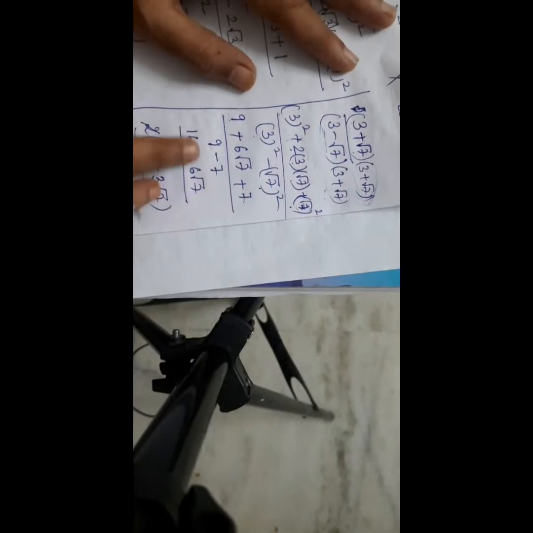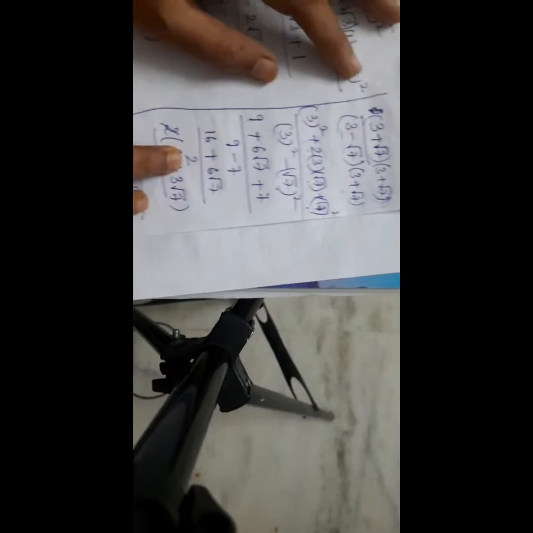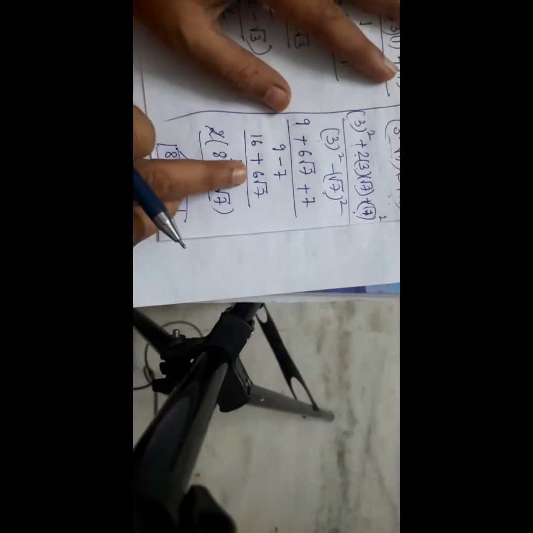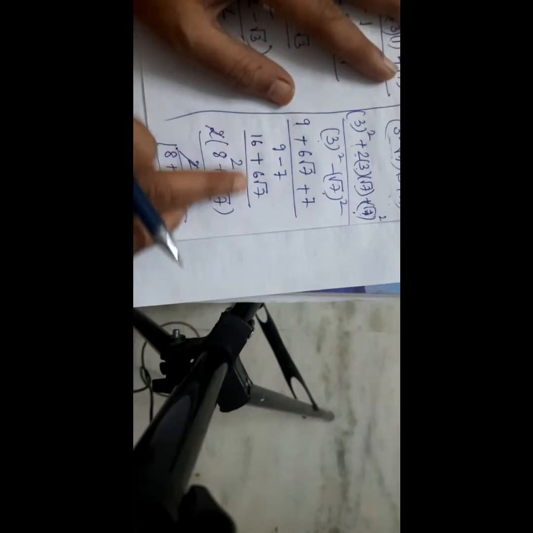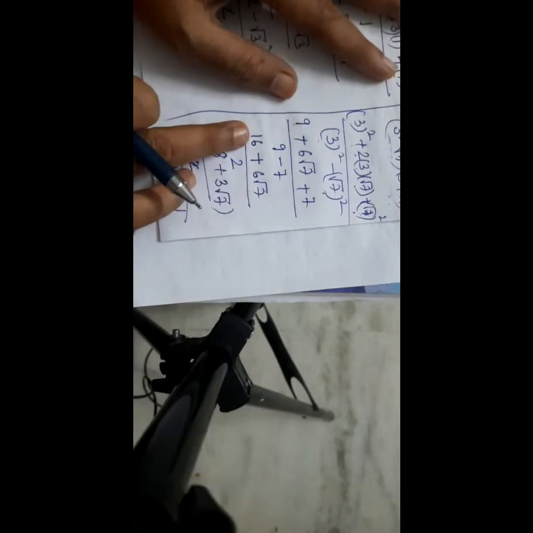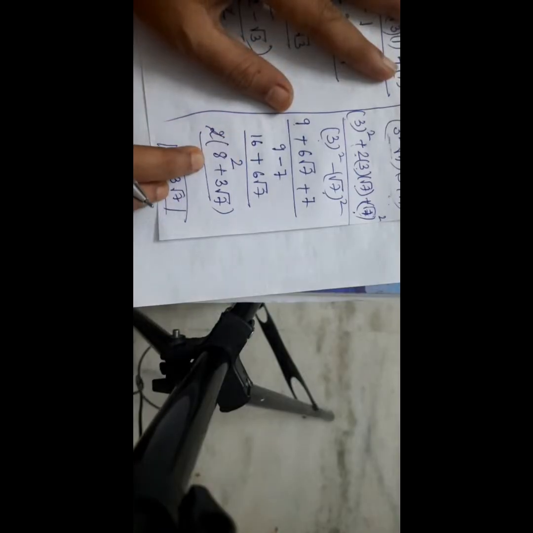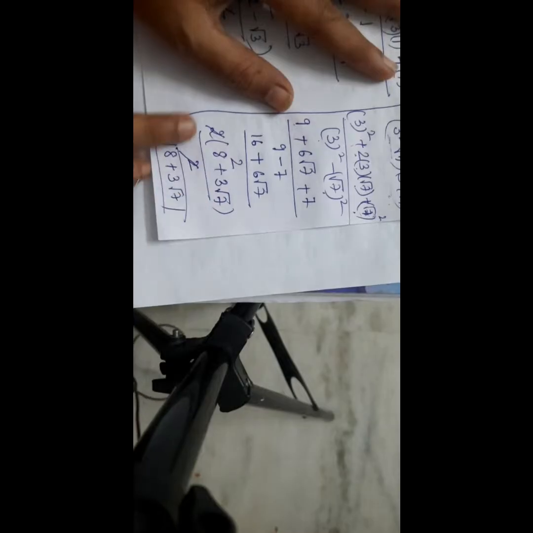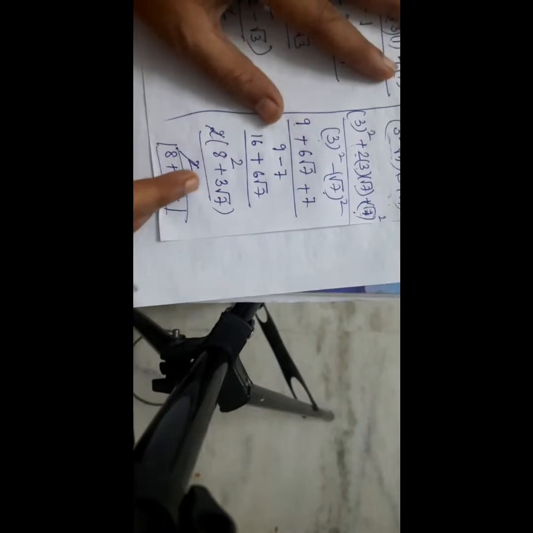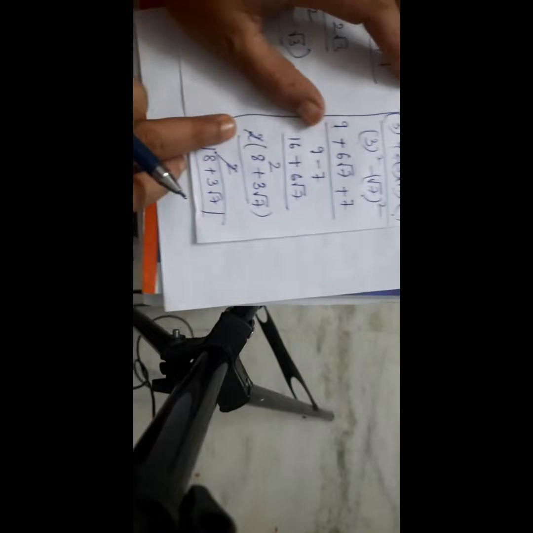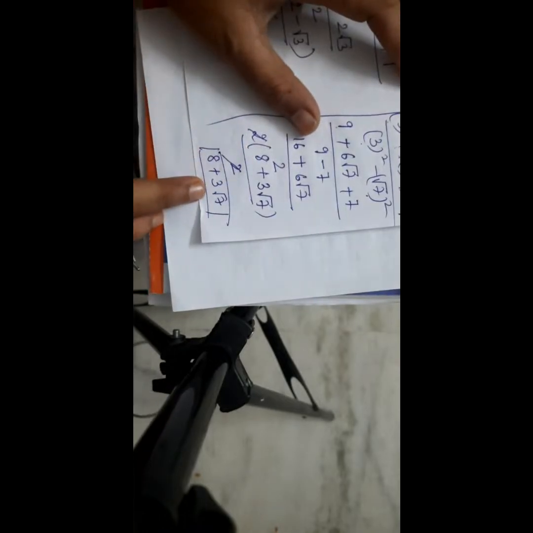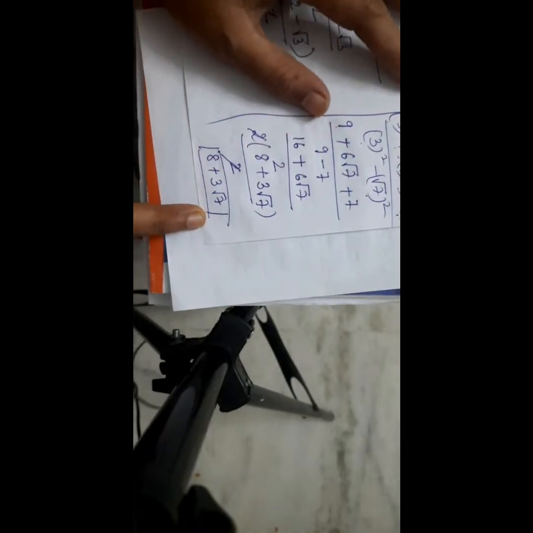Subtract them: 9 minus 7 is 2. Now both the numbers are divisible by 2, so we can take 2 common. 2 eights are 16, 2 threes are 6 root 7. Whole divided by 2, so 2 will get cancelled. Thus the final answer is 8 plus 3 root 7.